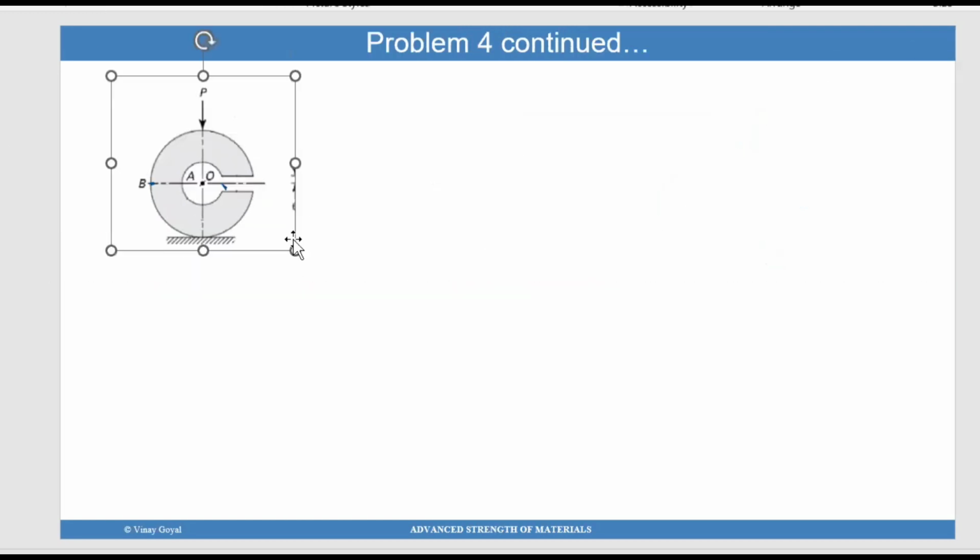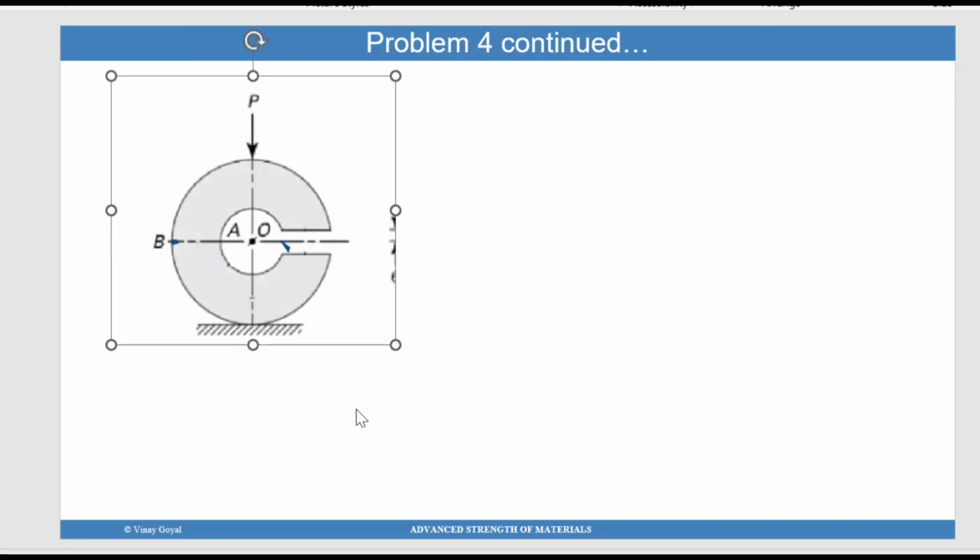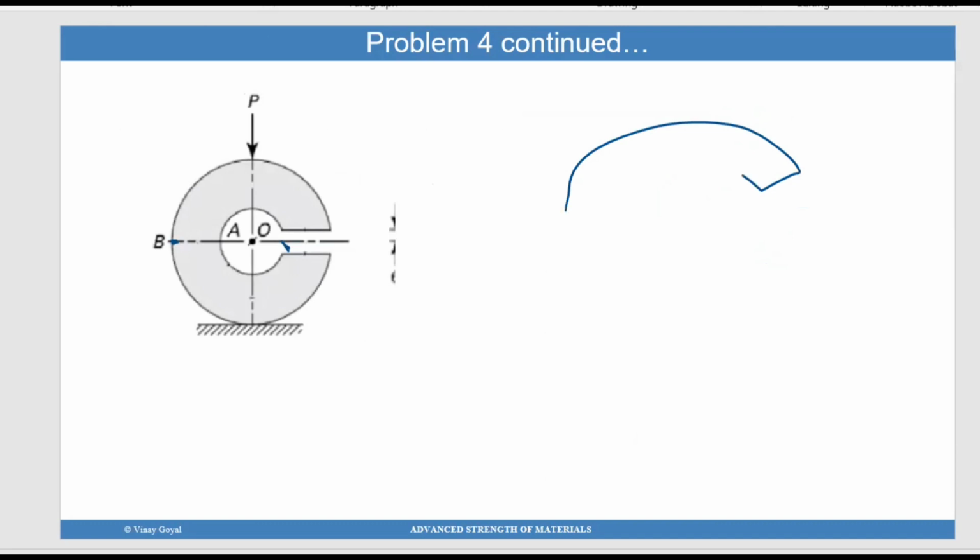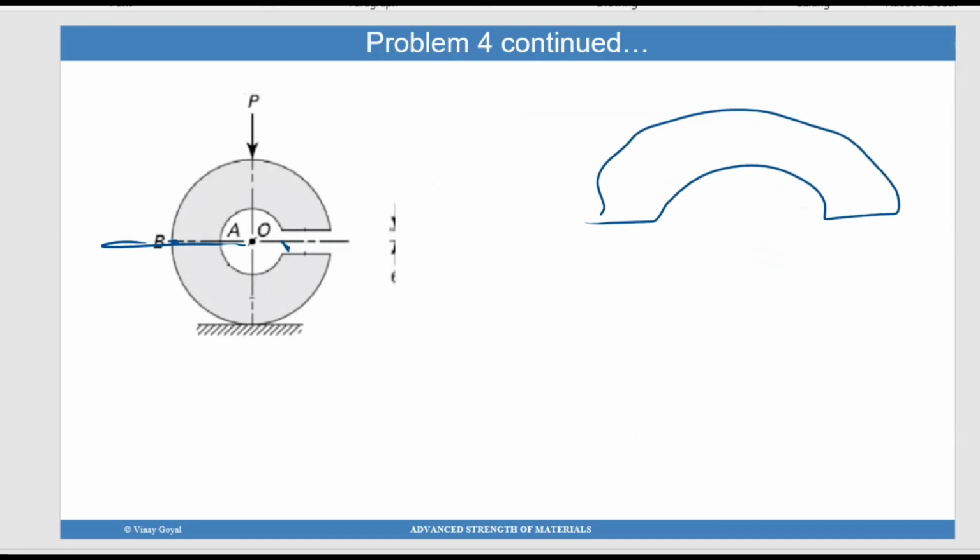So this is the beam, and I make a cut here at A and B. So I open a surface. Okay, so something like this. See? So there is N like this. There is M like this.